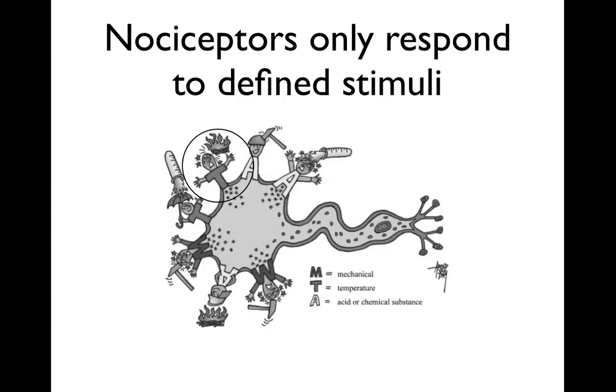We have thermal receptors, which detect heat or cold. And then we have acid sensing channels, which can pick up acids, protons, etc., as well as a vast array of chemicals, which we'll look at later. But these receptors are very specific to their stimuli. So a thermal stimulus will not activate an acid channel, and similarly an acid channel will not be set off by a mechanical stimulus.